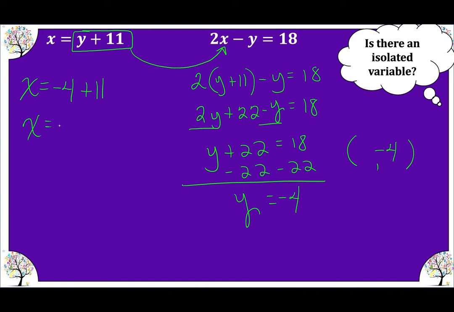And our x value is going to be 7. So the two lines intersect in quadrant 4, so that would be positive, negative. So this ordered pair will make both this equation and this equation true if we were to plug them in.